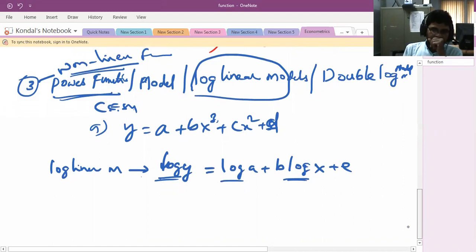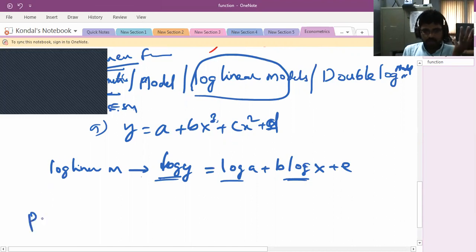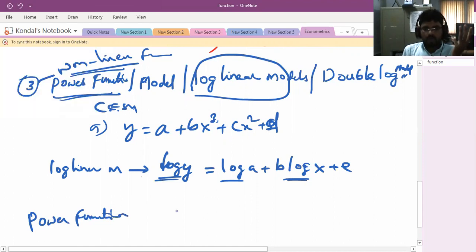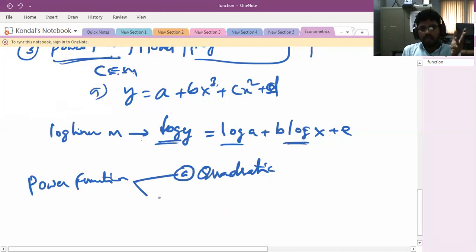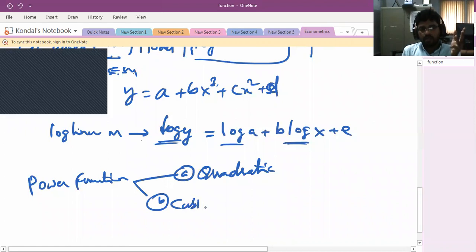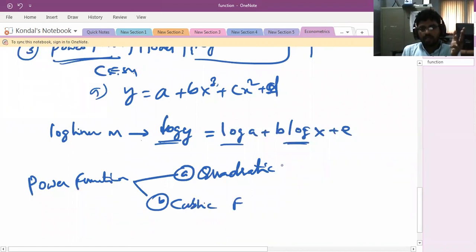Sometimes the power functions, we have two types of power function. First one is the quadratic function, which we have studied in the first semester, and the second one is the cubic function.